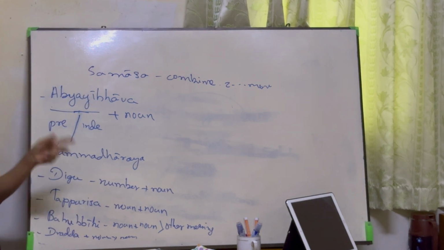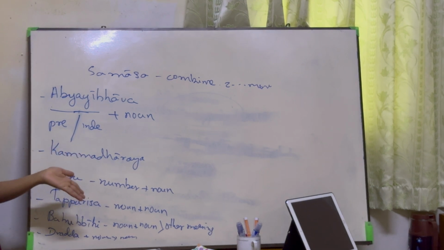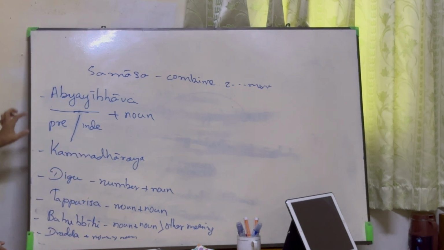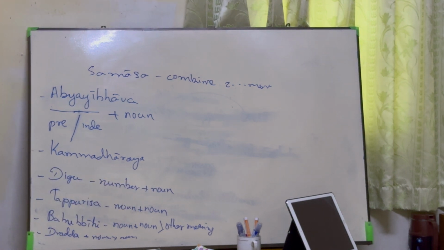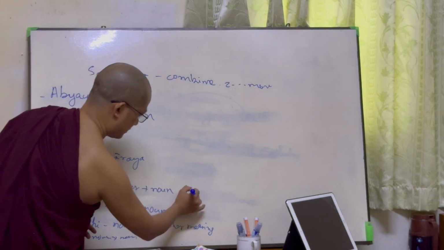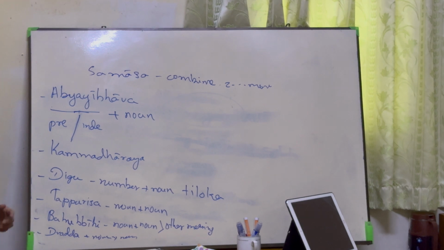They say 75% correct, but the other 25% is not. This is Abhyayi Bhava, Kamma Dharaya, Digu, Tappurisa, Bahubbihi, Dvanda. Digu means number plus noun, for example Tiloka, three worlds.